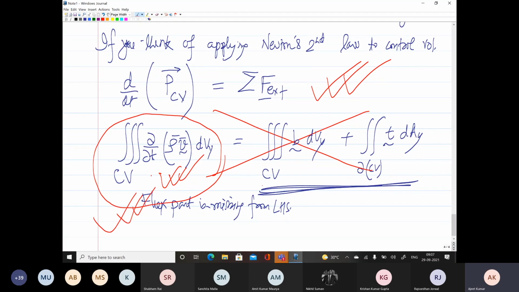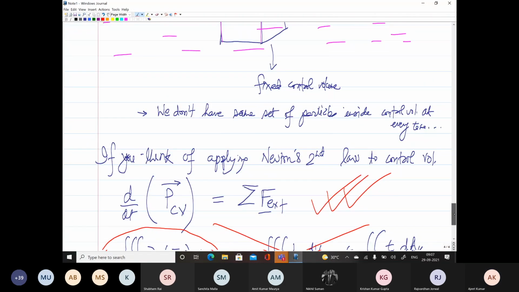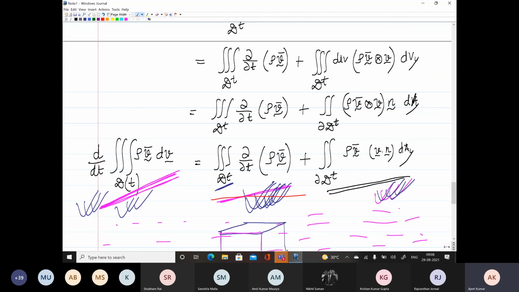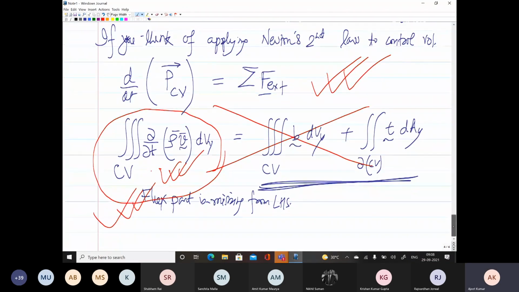And you equate it to total force. It won't give you the correct result, because you know that the correct result has two terms, right? The momentum flux should also be there. So this is what I meant when I said that you can't apply Newton's second law to a system whose mass is changing with time.